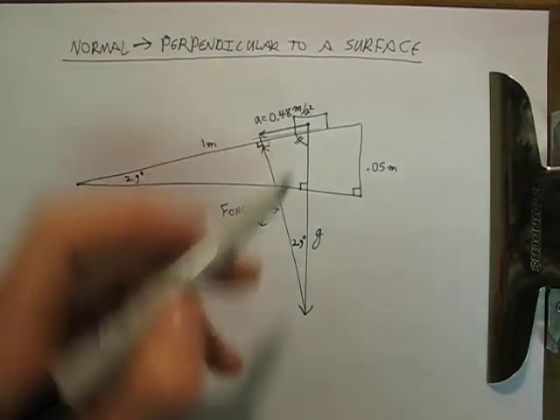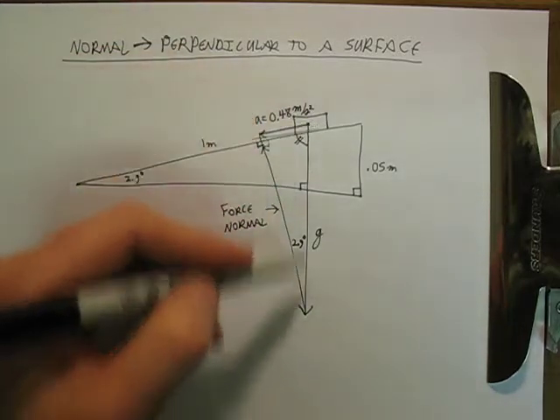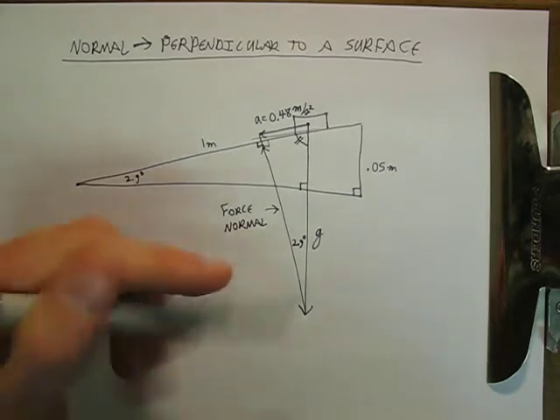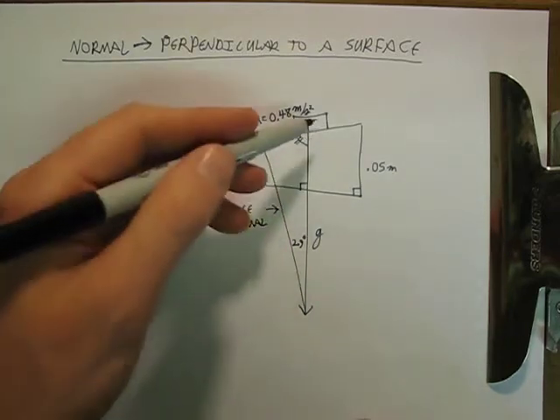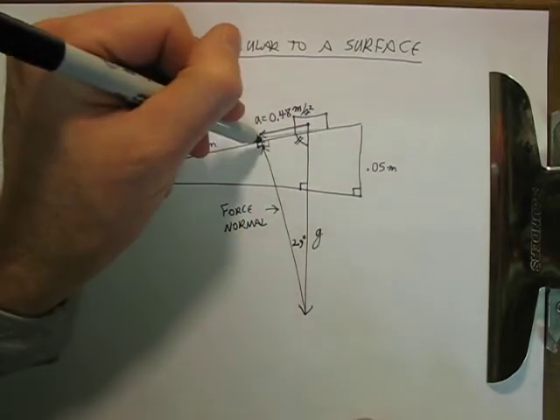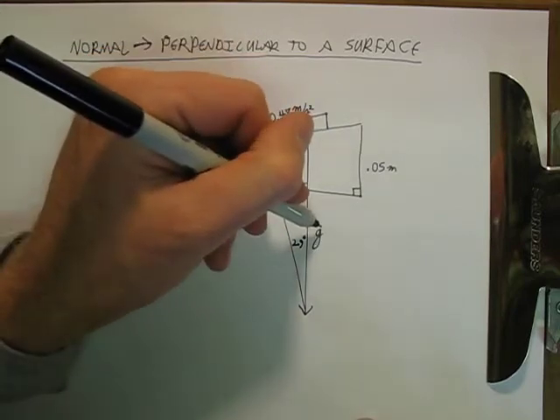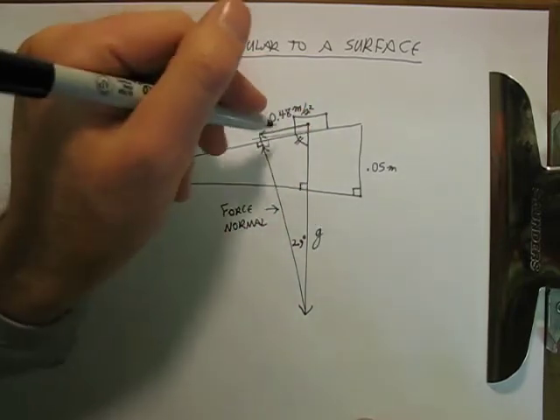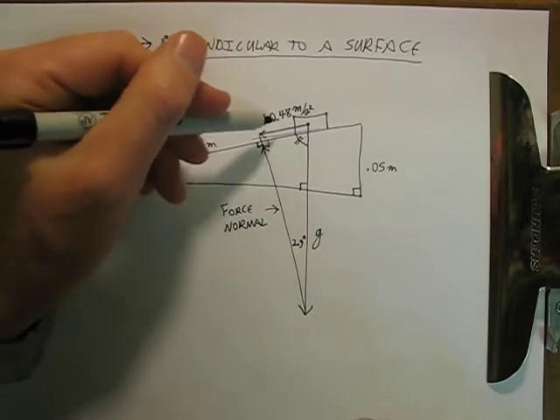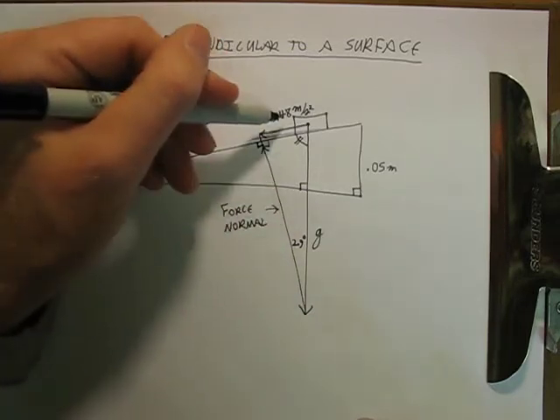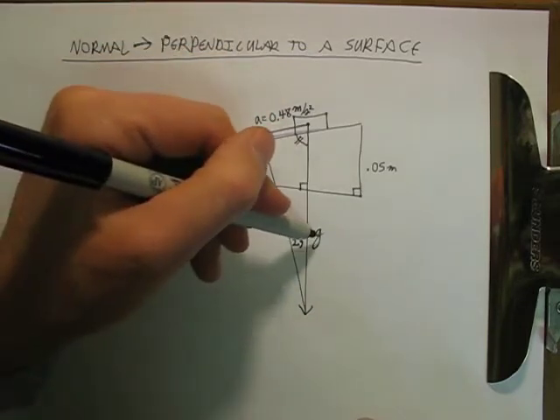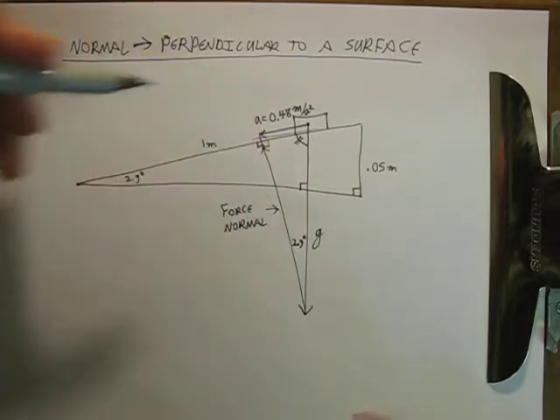Now, right now I've got a right triangle here. So this is the right triangle that I want to work with right now. The right angle is here, so the hypotenuse is over here. So I have opposite and hypotenuse and the angle.